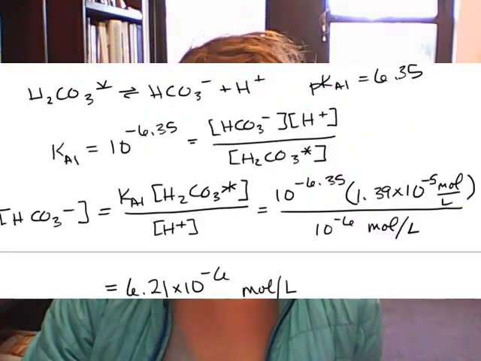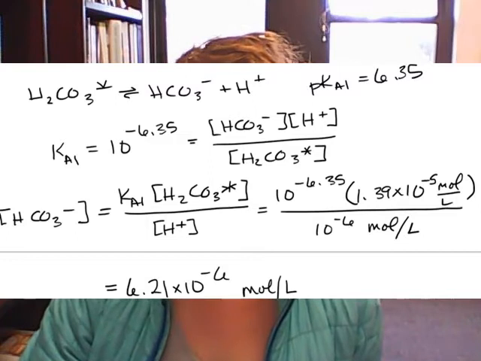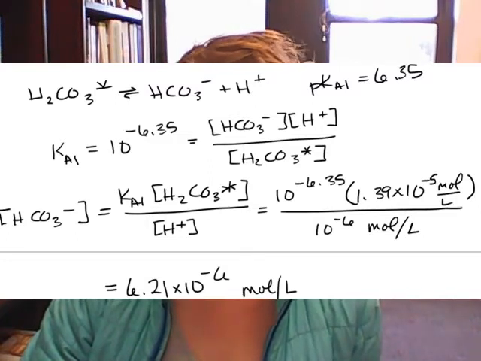So for the rest of this, I'm going to assume that my sample has a pH of 6. Okay, so I'll look at this equation here for H2CO3*, and I see a pKa of 6.35.